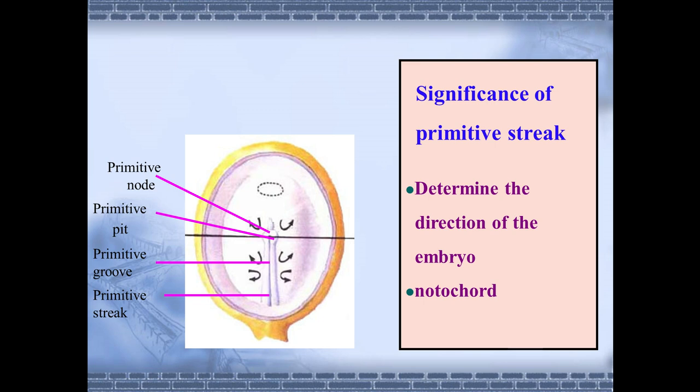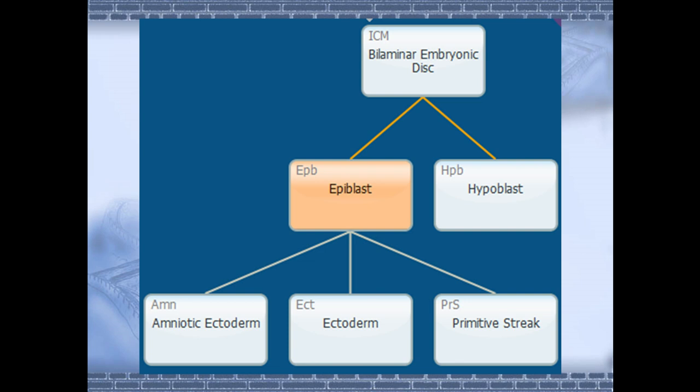So if we summarize what we just studied, there is a formation of the bilaminar embryonic disc, which divides into epiblast and hypoblast, and the epiblast forms ectoderm, the primitive streak, and amniotic ectoderm. That is by the epiblast. E for epiblast, E for ectoderm.